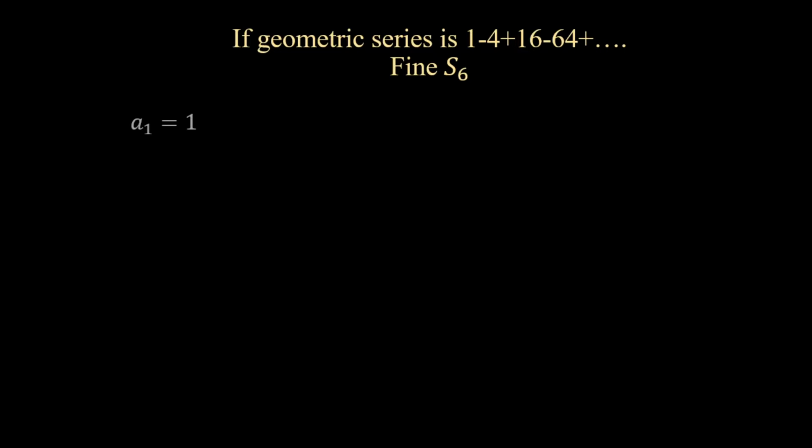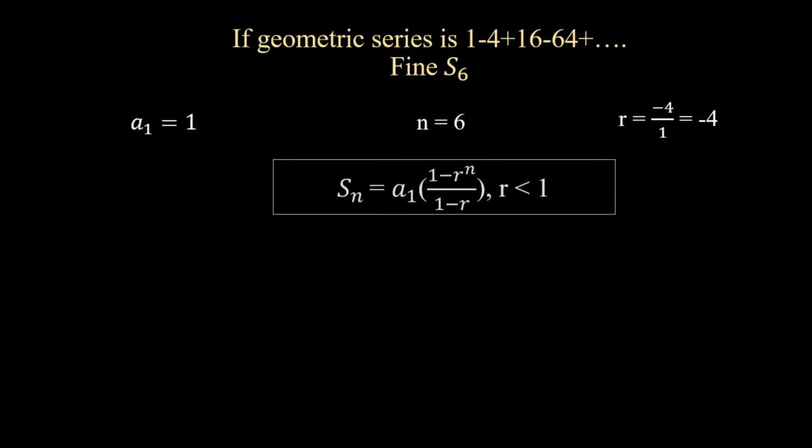You know the first term is 1, and n, the number of terms for the sum, is 6. And r, or the common ratio, is the second term divided by the first term, so you get -4 over 1. So r equals -4. Since r is less than 1, you use this formula.